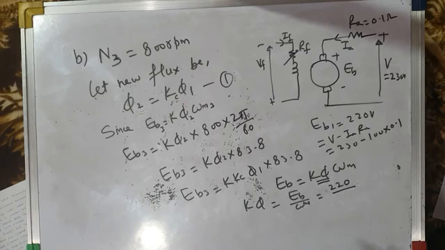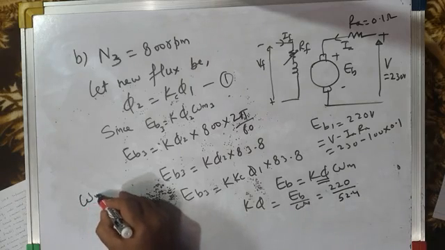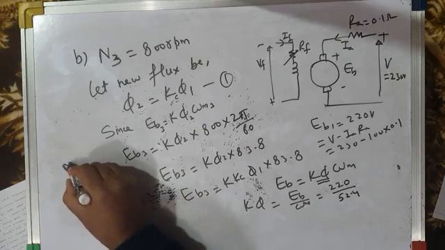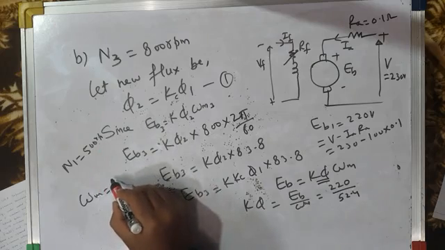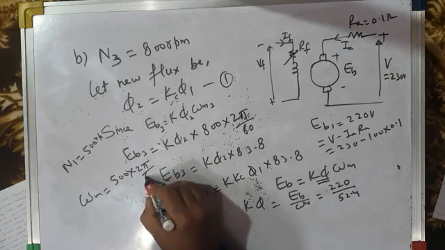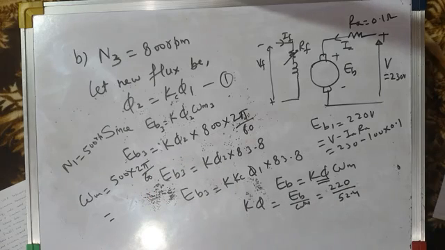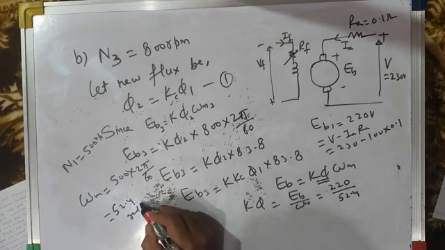And what is omega m? Omega m is 52.4, because see, your original speed of motor is 500 rpm. So omega m will be 500 into 2 pi by 60. If you calculate this, that comes out to be 52.4 radians per second.